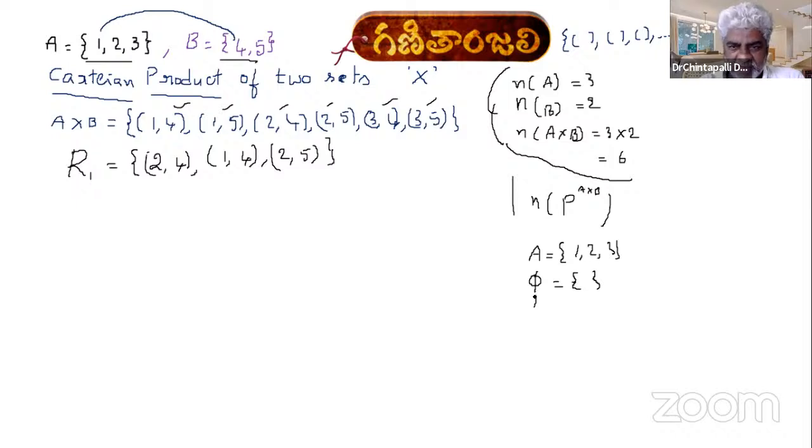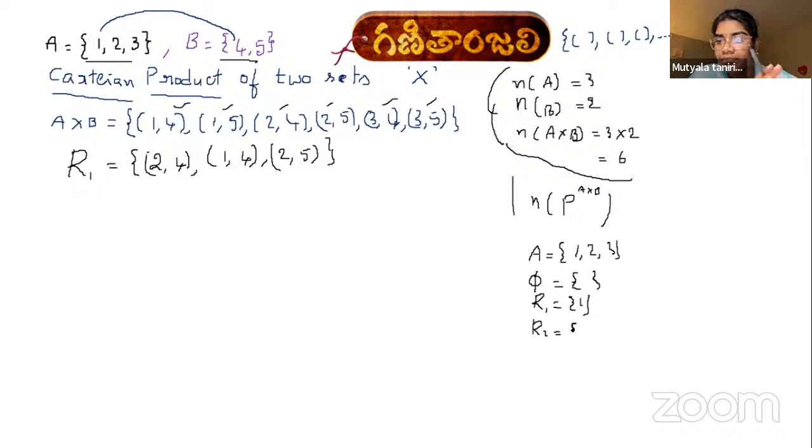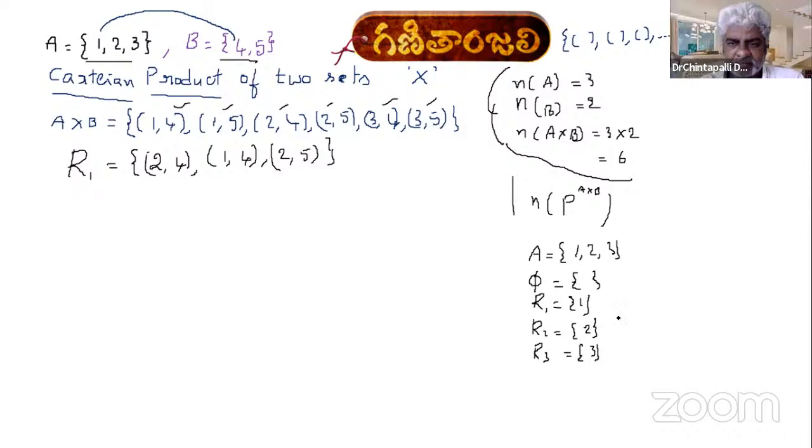Next, R1, singleton 1. R2, singleton 2 is a subset of A. Agree? Yes. R3, singleton 3. R4, 1 comma 2, it is a subset.